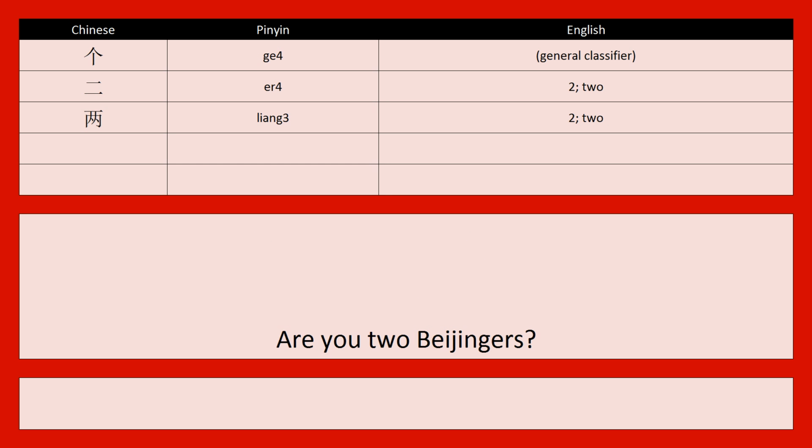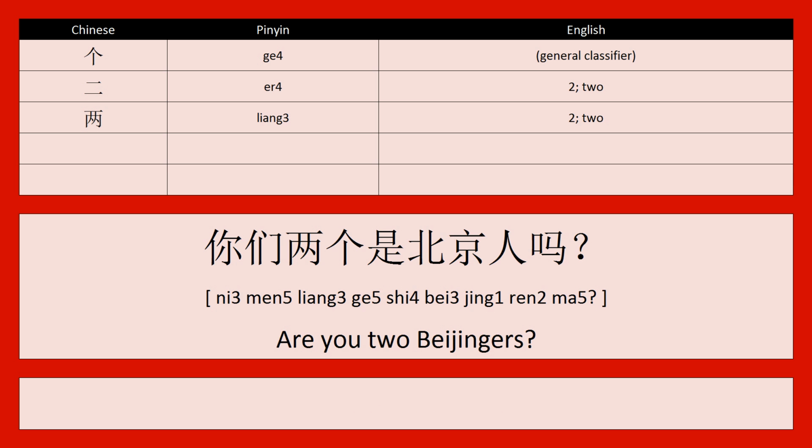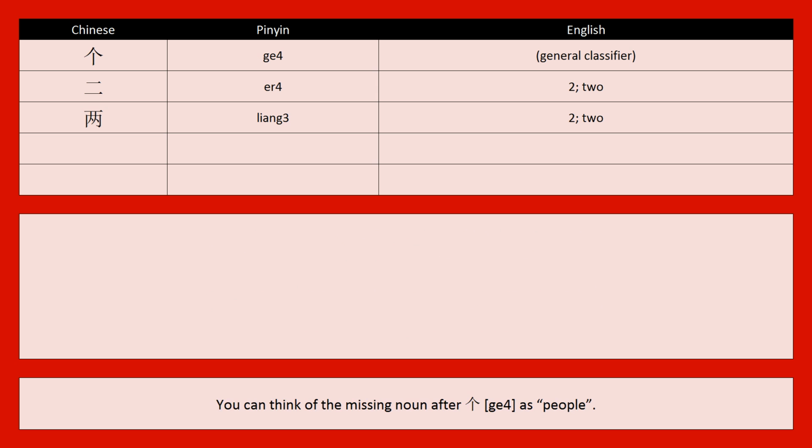Are you two Beijingers? 你们两个是北京人吗？ You can think of the missing noun after 个 as people.